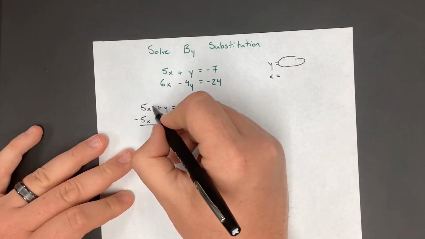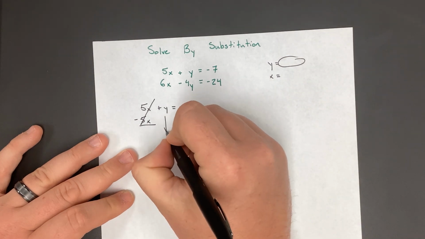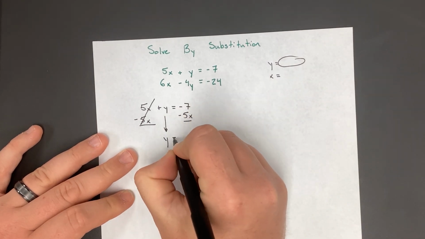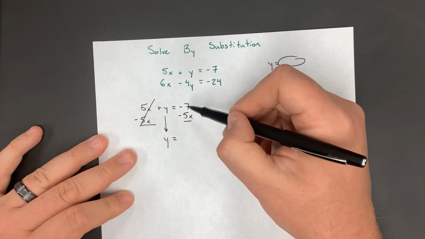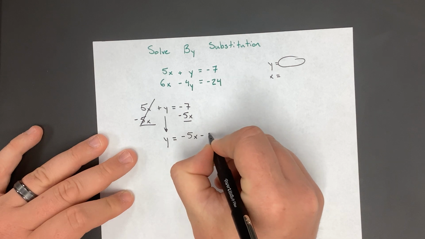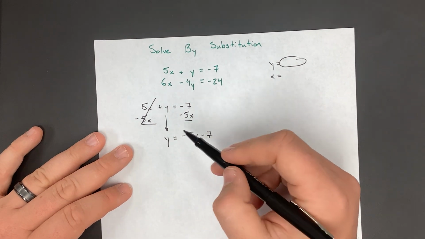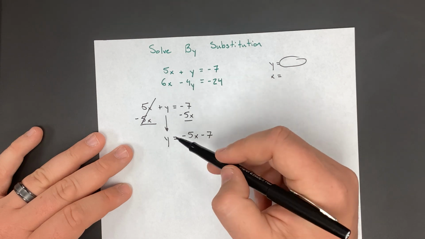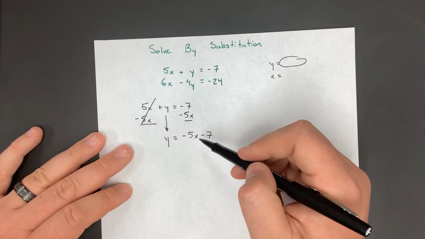I'm essentially wanting to zero out, get rid of all the 5 x's on this side to leave just that y, so that we have y equals. Because these two are not like terms, this is just going to stay negative 5x minus 7. So now that top equation, these two are the same equation. We've just manipulated it to where y is equal to negative 5x minus 7.